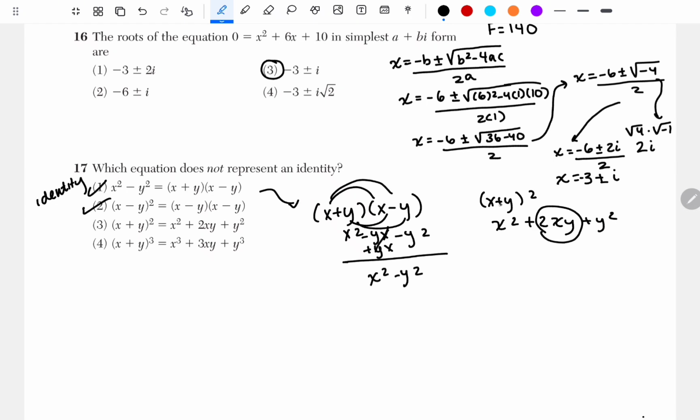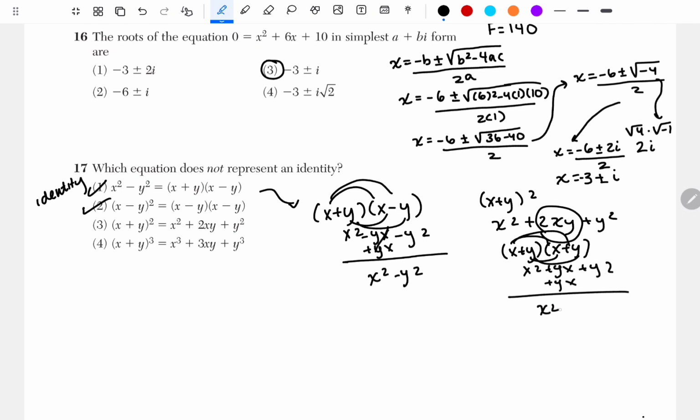So what you're trying to do is multiply these together and then multiply it by 2. So you have xy together times 2 would be 2xy, because it's the same thing if we do x plus y times x plus y. This would be x squared, this would be yx, this would be yx, and this would be y squared.